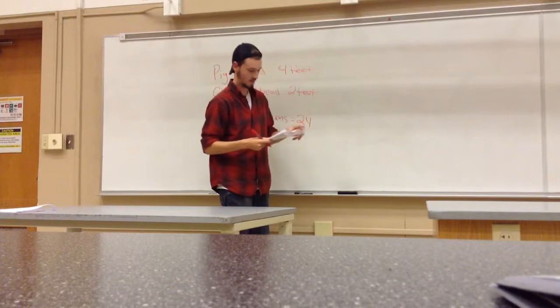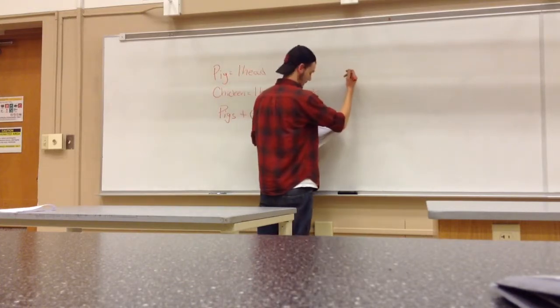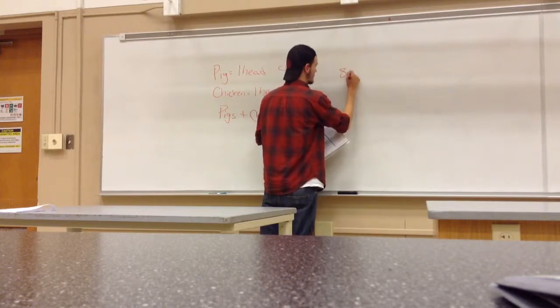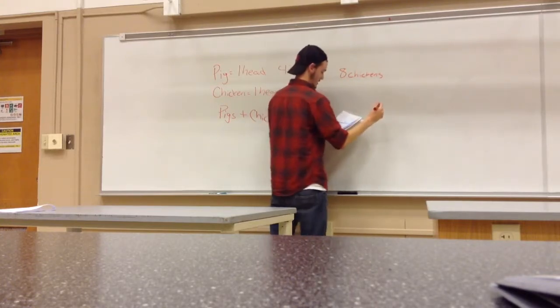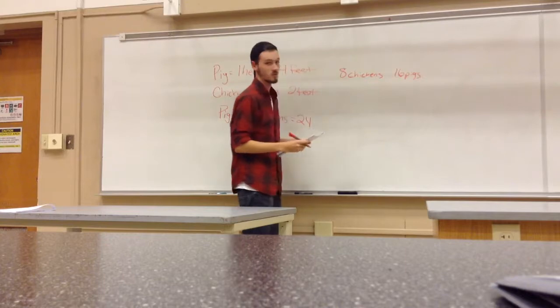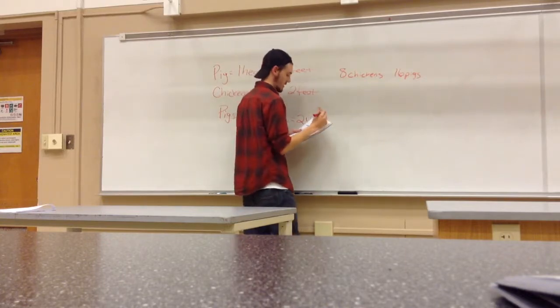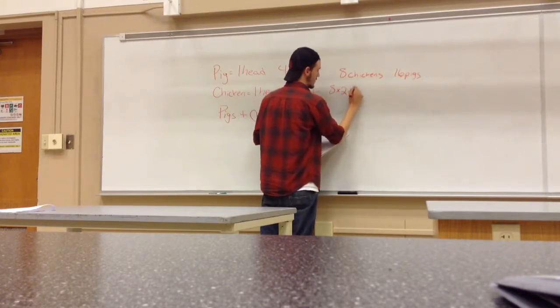This time, if we try 8 chickens and 16 pigs, 16 plus 8 equals 24, so we have our total number of heads. We have 8 chickens and each one has 2 legs, so that's 16 legs.